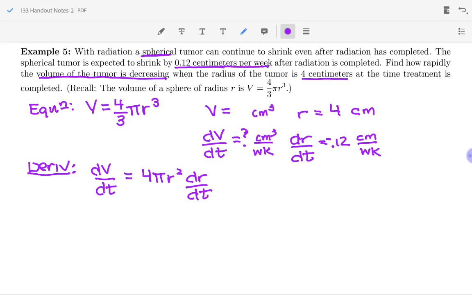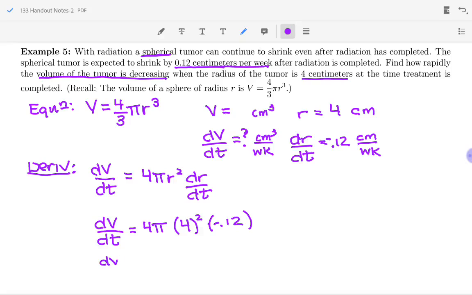So this one's kind of nice because we're solving for dV/dt. And our equation is solved for dV/dt. So we won't have to do any moving. So dV/dt is going to be 4 pi times our radius. The original radius is 4, and that's getting squared, times dr/dt, which is a negative 0.12.